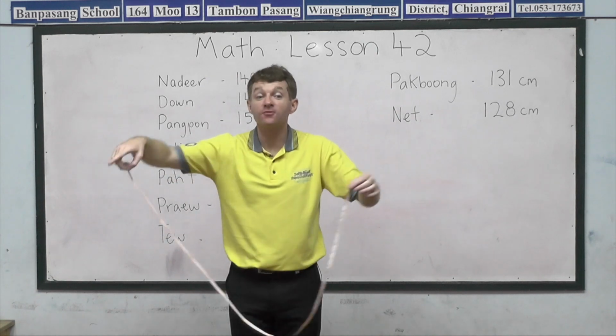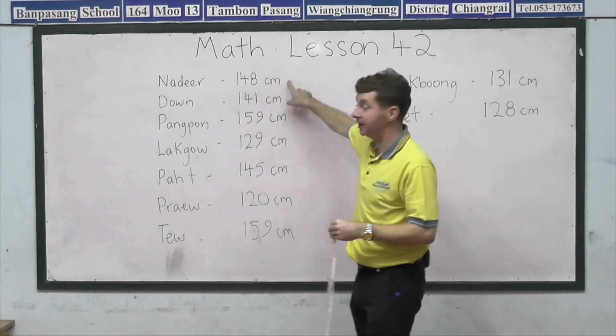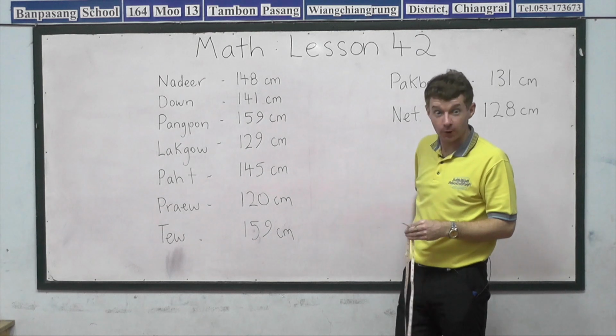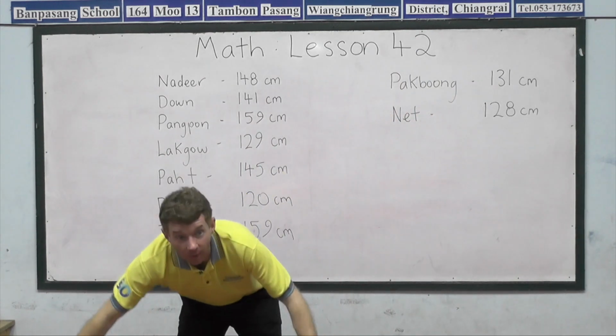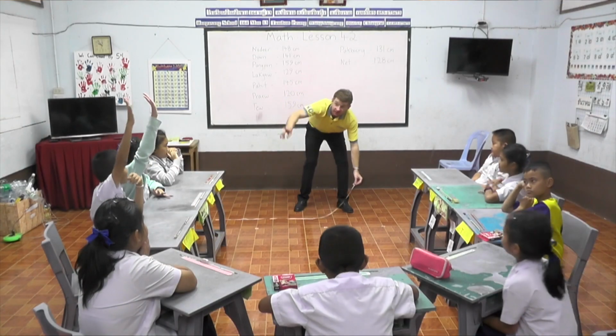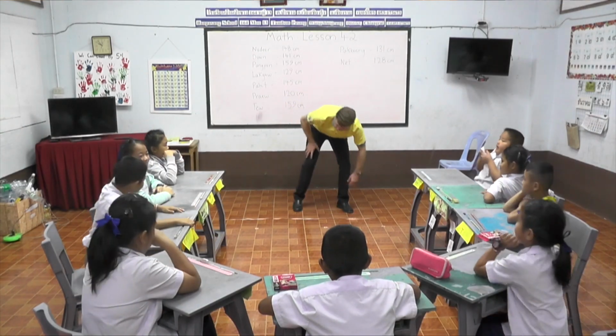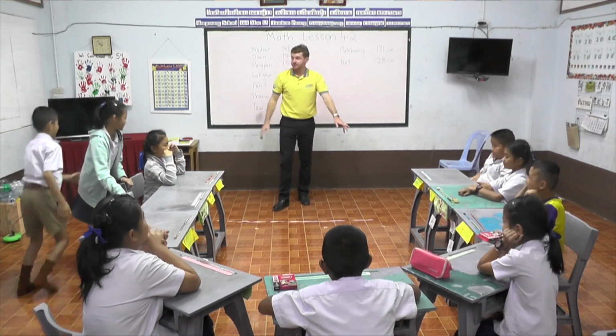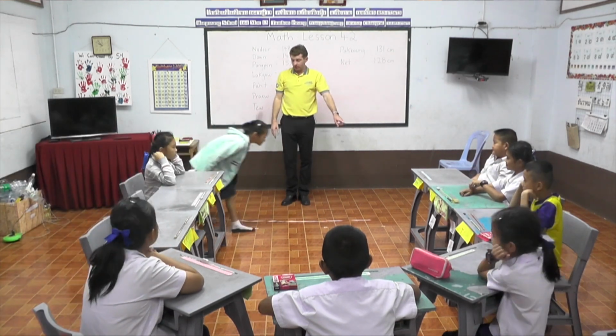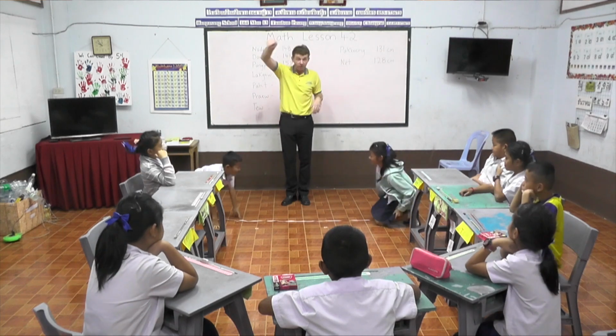Because we're going to do a game. Now let's see if you can beat your scores, okay? This is the last time. So now I need 2 more volunteers. Down and Bangpon. Okay, so now round 2.